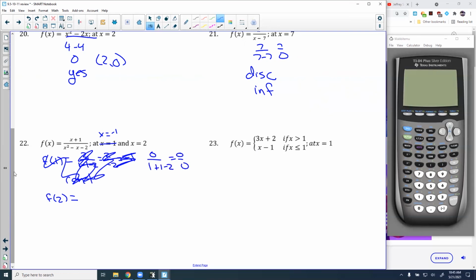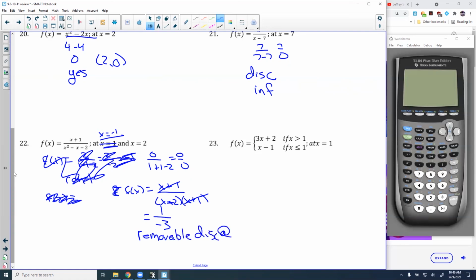Yeah, 0 over 0. Okay, I wanted that to be -1, so it reflects what could be on your final. So this becomes x plus 1, x minus 2, over x minus 2, x plus 1. So those cancel, and now we can plug -1 in, which is 1 over -3. So this is a removable discontinuity at x equals -1 if you make it -1.